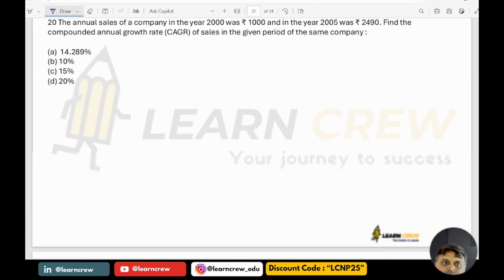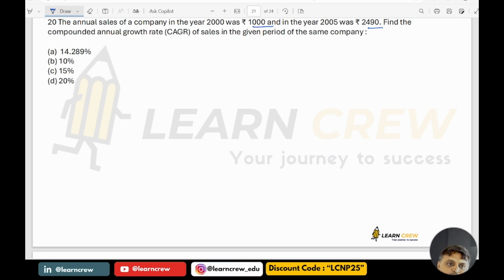Now the next question. The annual sales of a company in the year 2000 was 1000 rupees, and in the year 2005 was 2490. Find the compound annual growth rate of sales for the given period of the company.